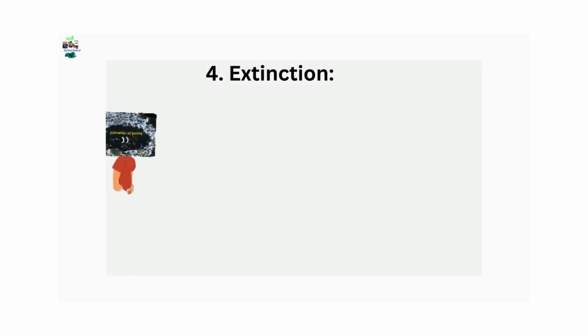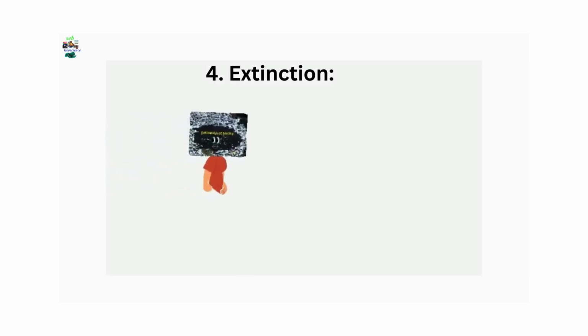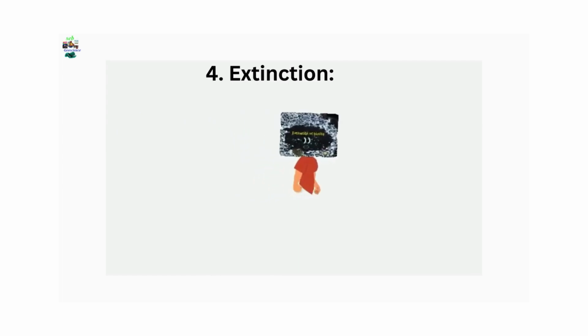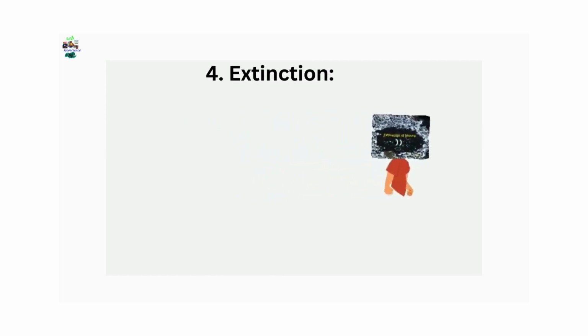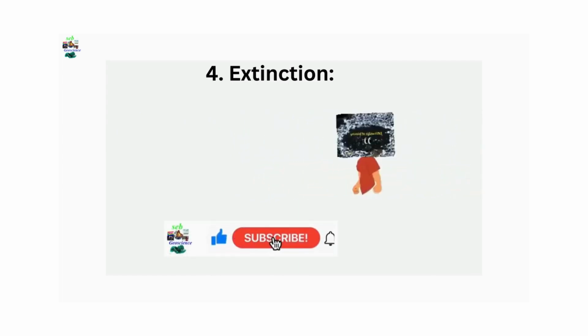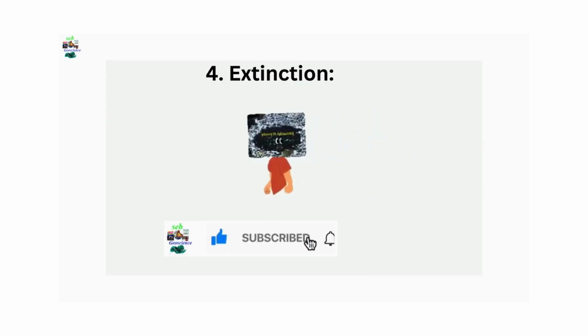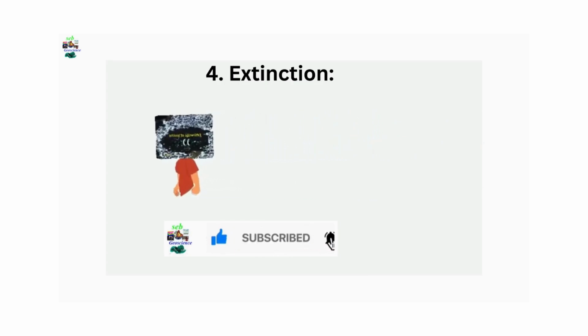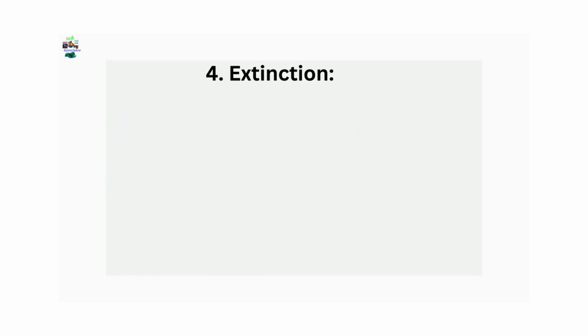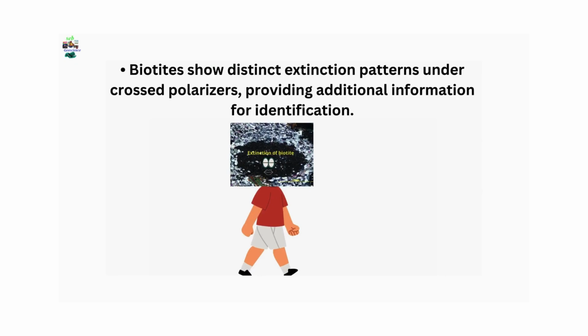When the analyzer is in and you rotate the stage of the microscope through 360 degrees, at which angle does the mineral grain biotite become black? That is the extinction. Biotite may show a distinct extinction pattern under cross-polarized light, providing additional information for identification.